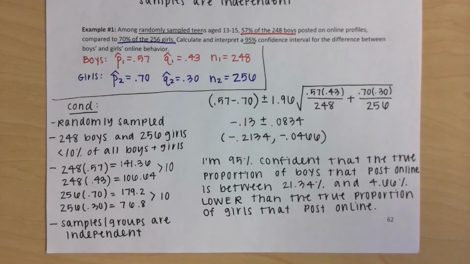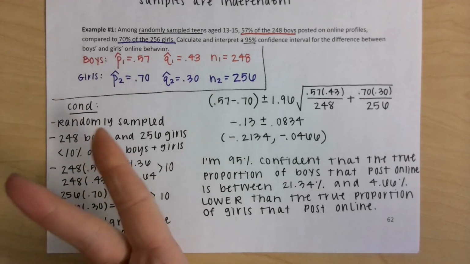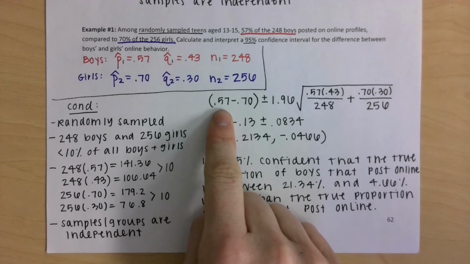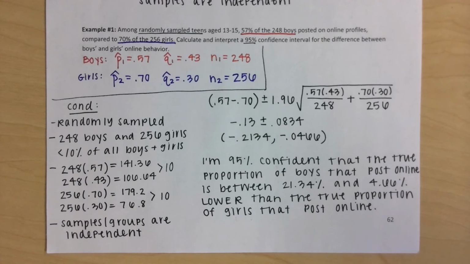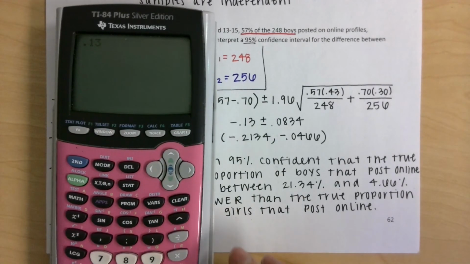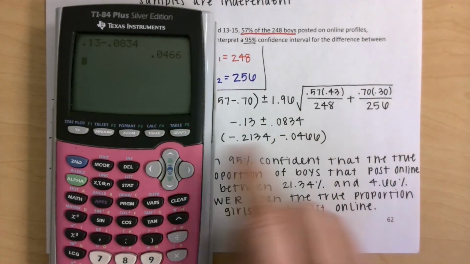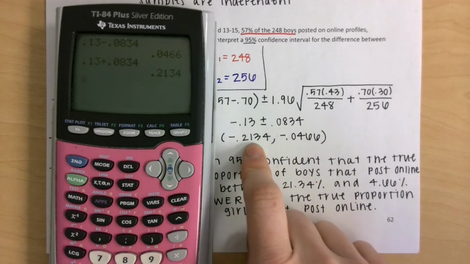Okay, one thing I do want to point out is that when we started making this confidence interval, we decided to put boys first and girls second. You very well may have flipped this. If you had them flipped, then this 0.7 would be before the 0.57, making this right here a positive 0.13. So when I take that positive 0.13 and I subtract my standard deviation, I now have the 0.0466 positive. And when I take it and add my standard deviation, I'm going to get the 0.2134 positive.